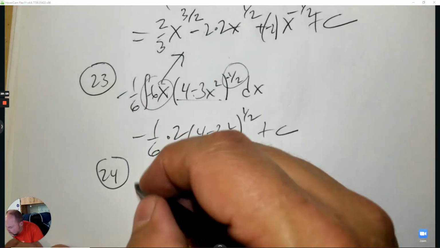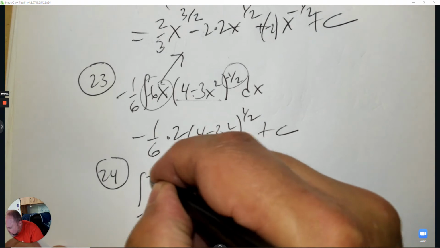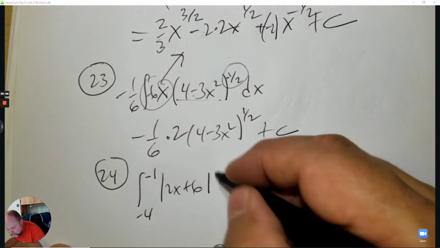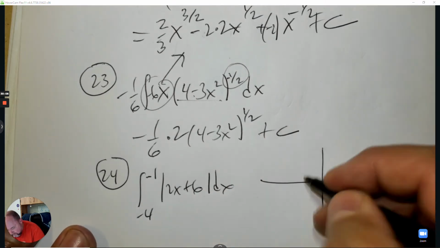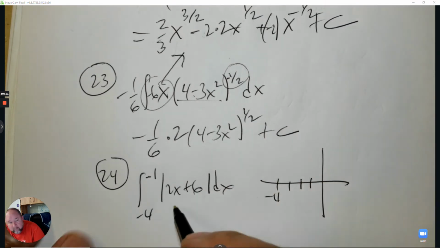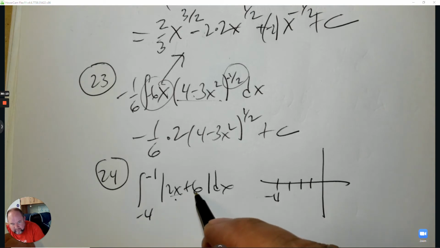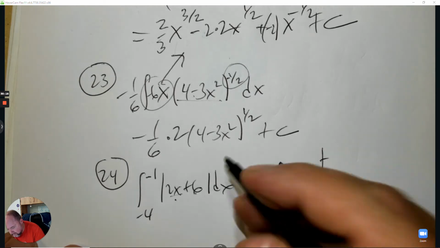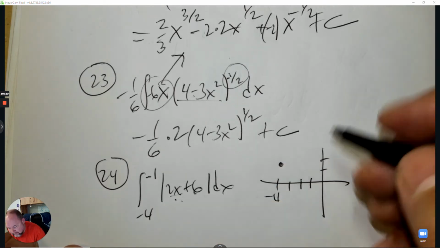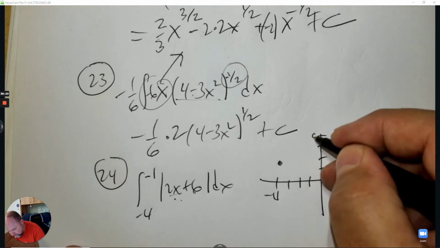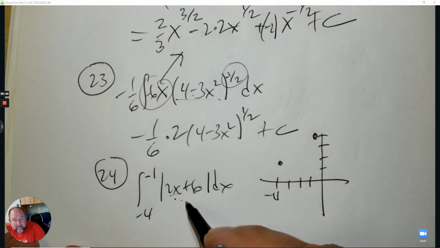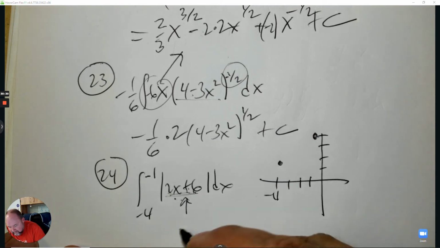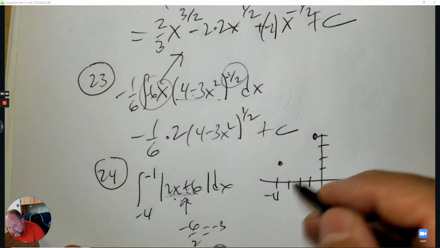When you integrate absolute value, you're graphing. So if I graph this, negative 4, that's negative 8 plus 6. That answer is going to be positive 2 when I do the absolute value. Put in negative 1 and you get positive 4. And then the vertex, if I find the 0 of this, so if I subtract 6 and divide by 2, the vertex is at negative 3.